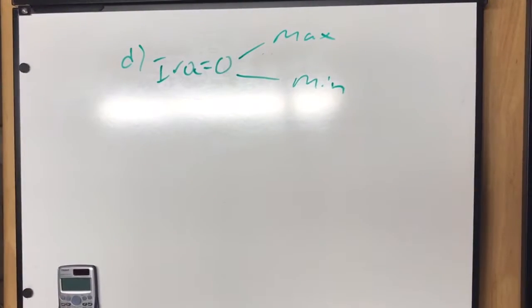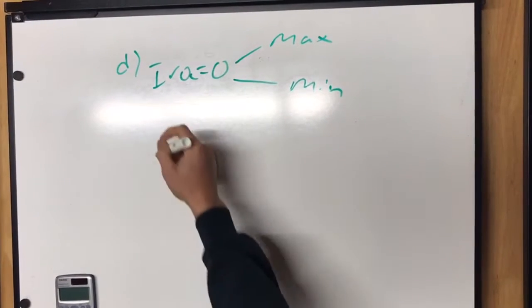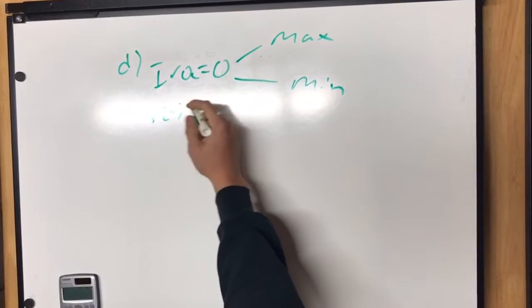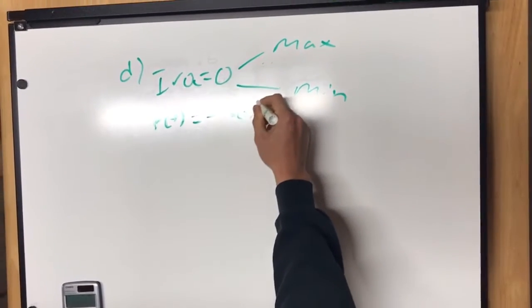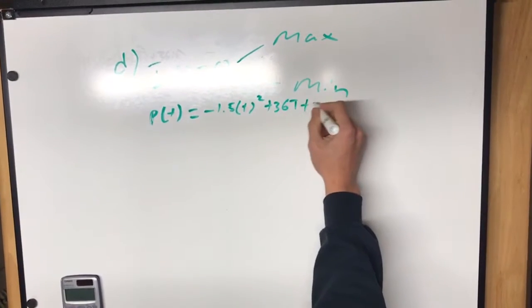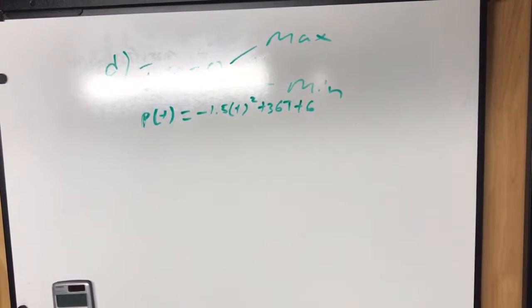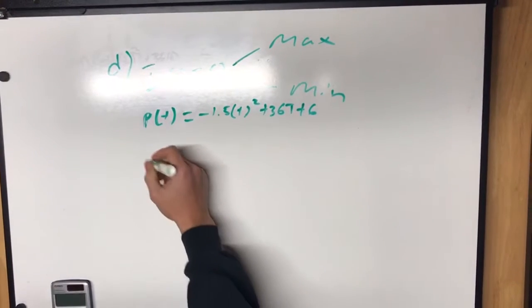So in order to find that, we can just complete the square using the original equation. So P of t is equal to negative 1.5 t squared plus 36t plus 6. So in order to complete the square, what you're going to have to do is factor out the negative 1.5, right?